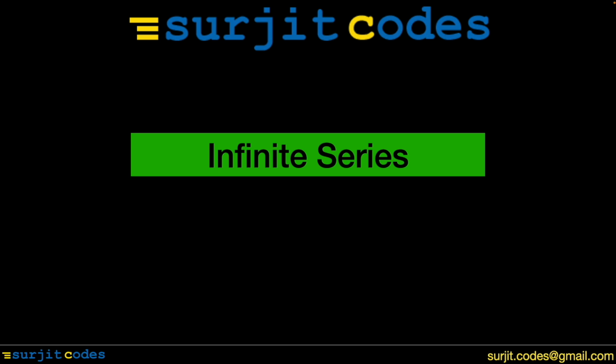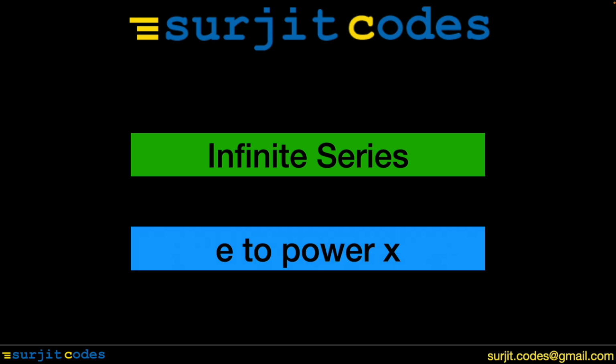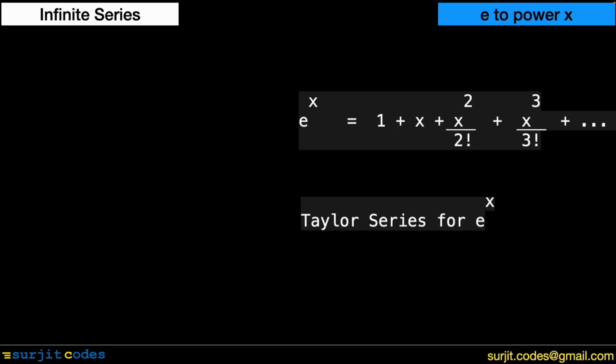Many of the mathematical functions are defined as sum of infinite series, which are known as Taylor series. For example, the Taylor series for e to power x is defined as the sum of an infinite series 1 plus x plus x squared by 2 factorial plus x cubed by 3 factorial and so on.